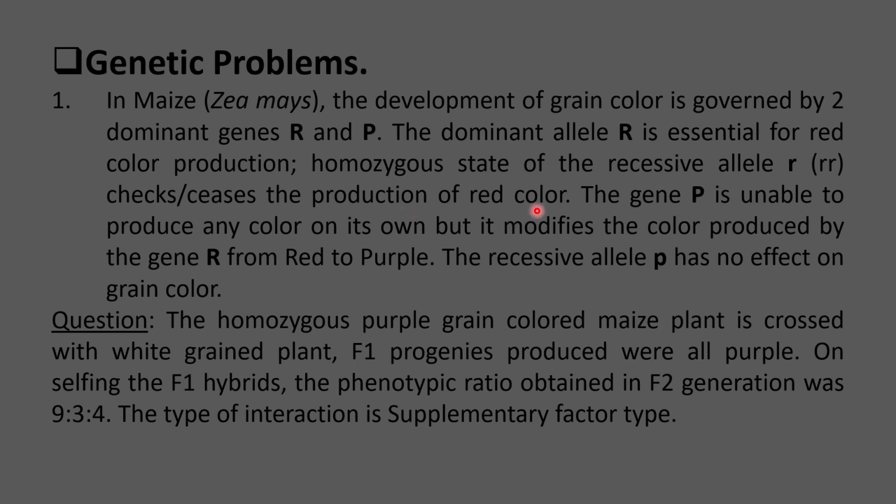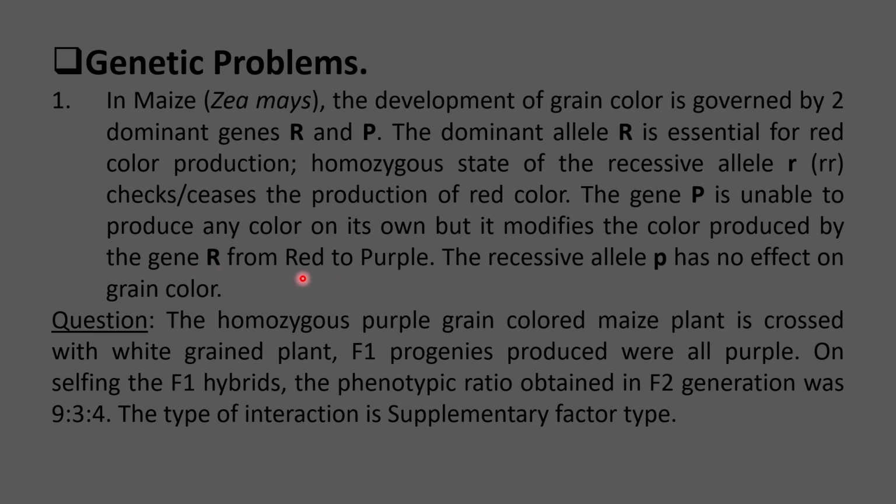Which means when there is no dominant allele R, when there is only recessive allele R, there is no production of red color. Now the dominant gene P is unable to produce any color on its own, but it modifies the color produced by the dominant gene R from red to purple.